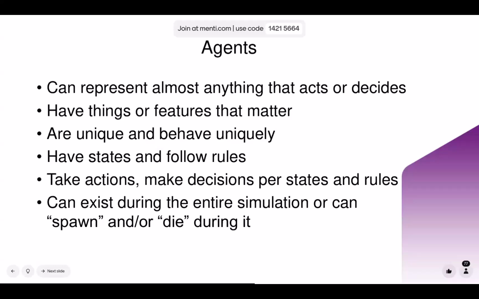They have things and they have features. So if I'm talking about people agents, they might have a name or an age or a location or a bank balance or an education level, whatever it is that matters to your research question. They are unique, sometimes only trivially so, and we'll see more examples of this when we come on to the modeling examples.